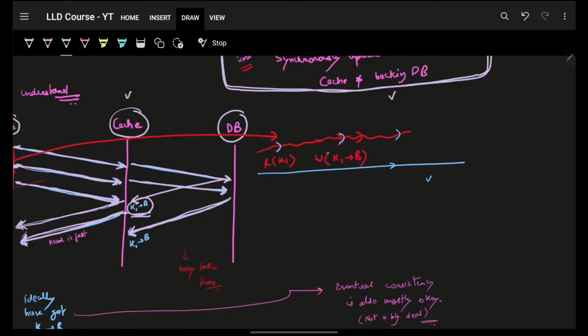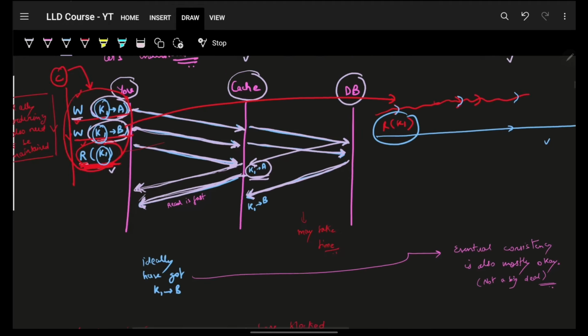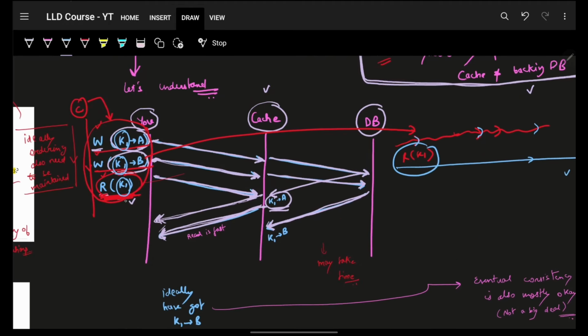Only when this succeeds and goes away, then I will operate this, and so on and so forth. So what will ideally happen in this case is that you will wait for the first write to complete, then the second write, and then you will tell the person to allow reading.